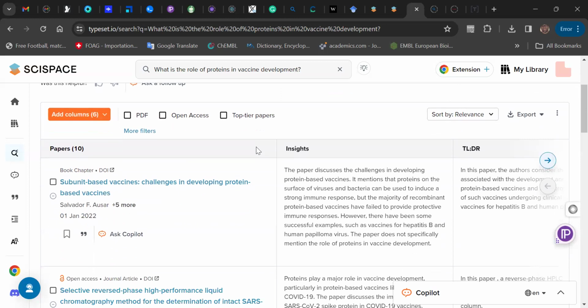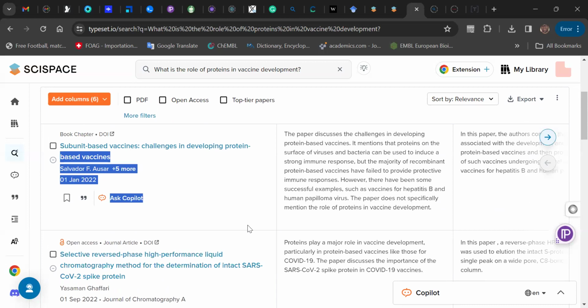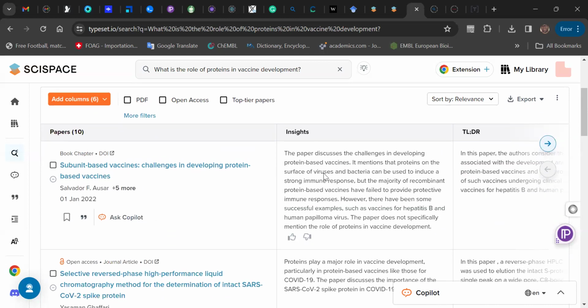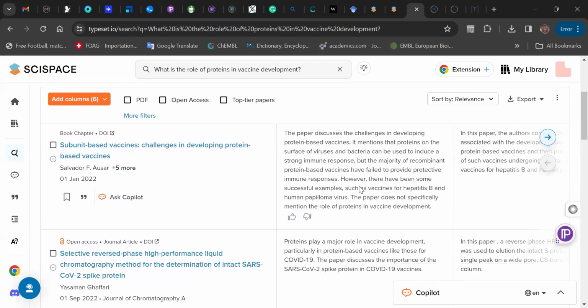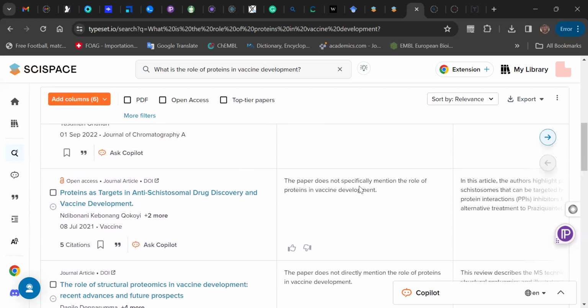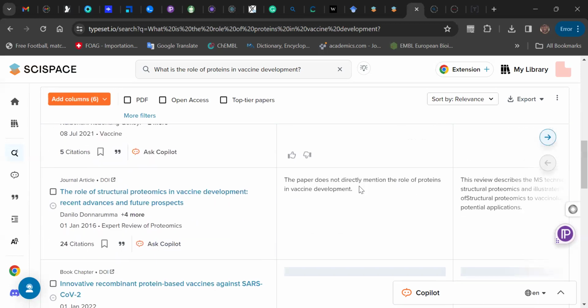So it now gives some papers, an insight of each paper, just like we saw in Consensus. It gives insight into each of the papers. So you can read from here.